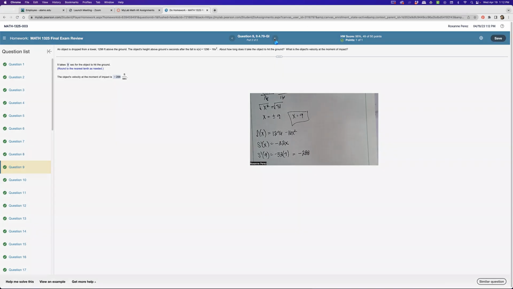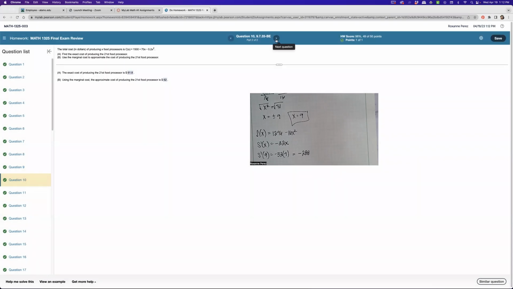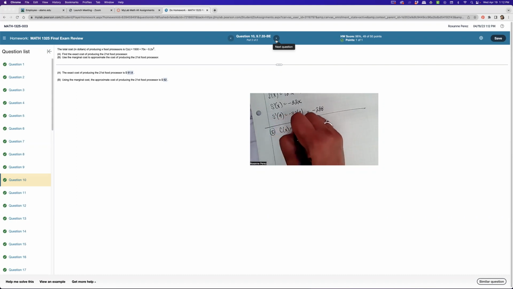Okay, let's move on to question 10. The total cost in dollars of producing x food processors is represented by the function C of x equals 1500 plus 70x minus 0.2x squared.